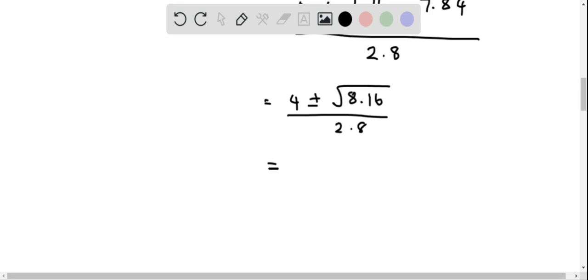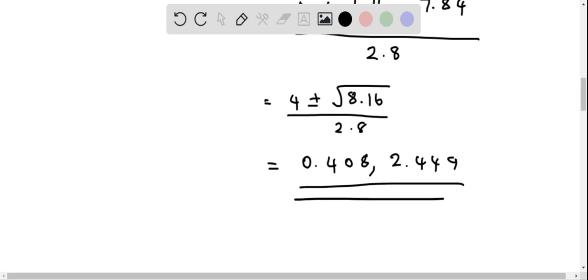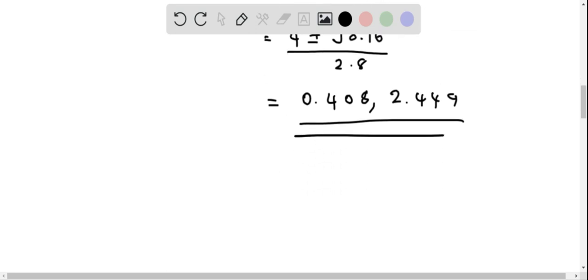We will get two values of t. Once you plug this into the calculator, we get 0.408 rounded to 3 decimal places and 2.449. So these are the two values of time when the temperature is exactly 100 degrees Fahrenheit.